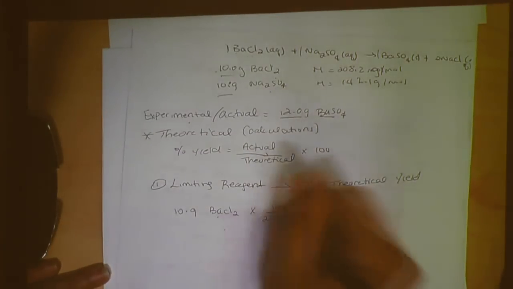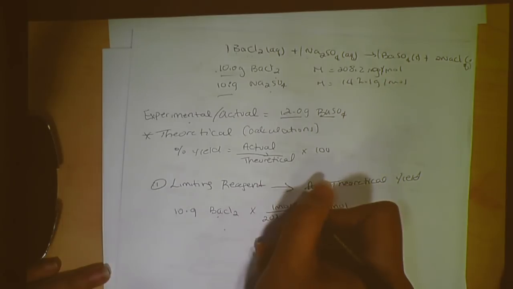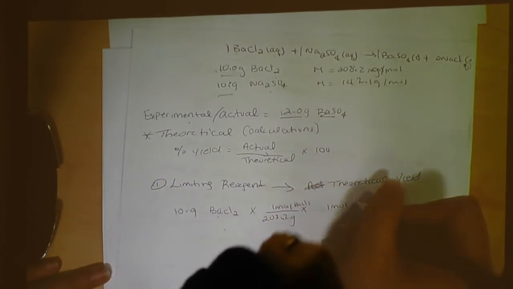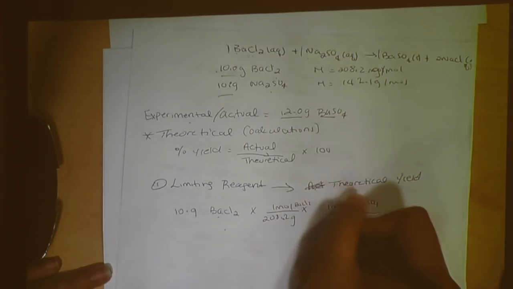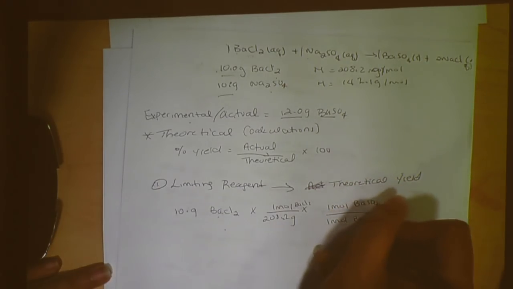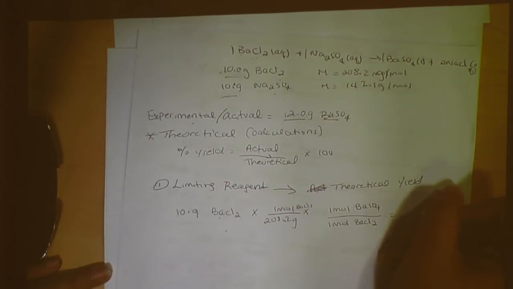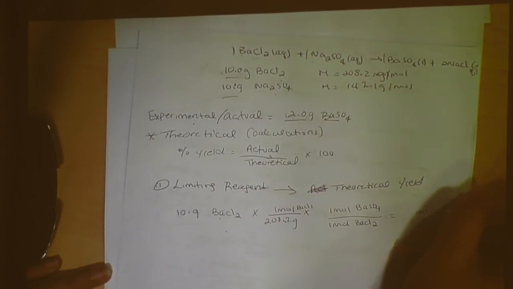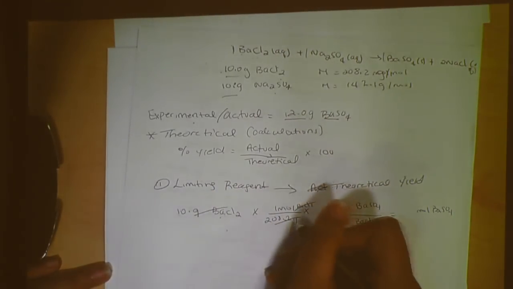So 1 mole BaSO4 can be yielded from 1 mole BaCl2. So I can figure out moles BaSO4. This cancels out with this, and this cancels out with this.